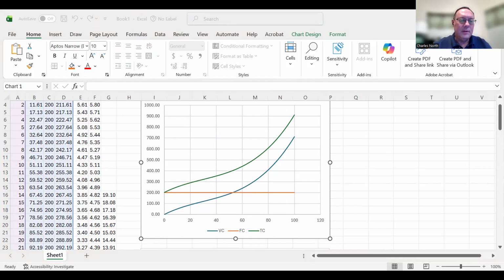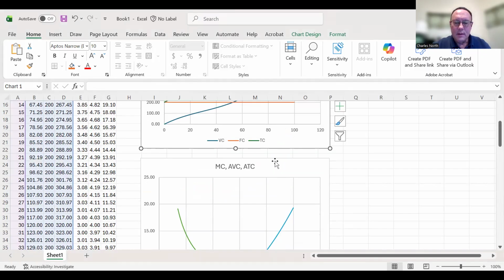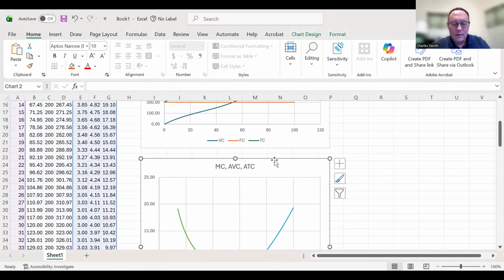Probably the best way to do this is paste it in as a picture. And there you go. There's the first graph. Second graph you can paste in the same way. So Control C and then paste as a picture.